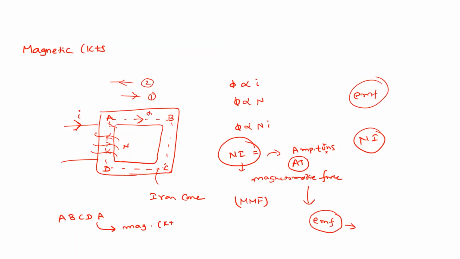So the flux is related to I, and the flux is also related to N. That means how much force is required depends on the number of turns and the current. So we write F equal to N into I. F is the magnetomotive force, or simply MMF.